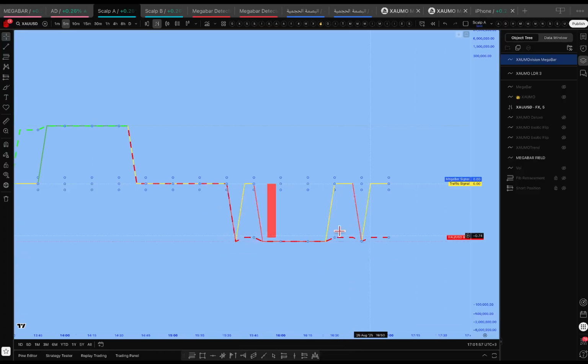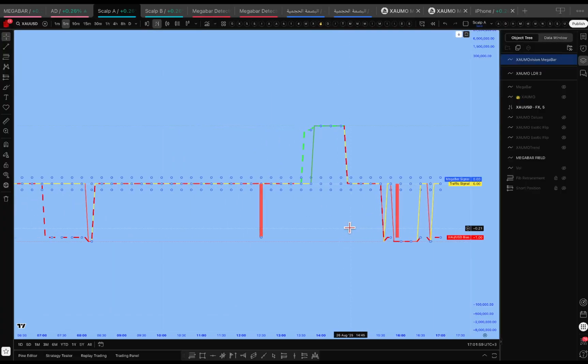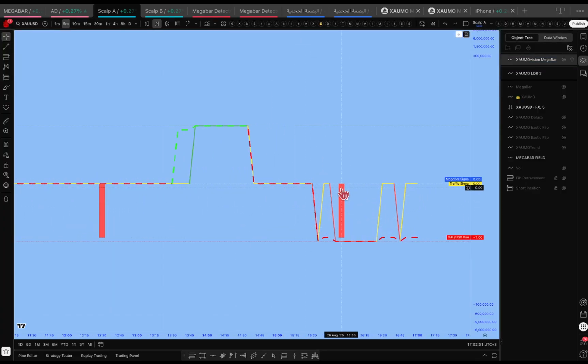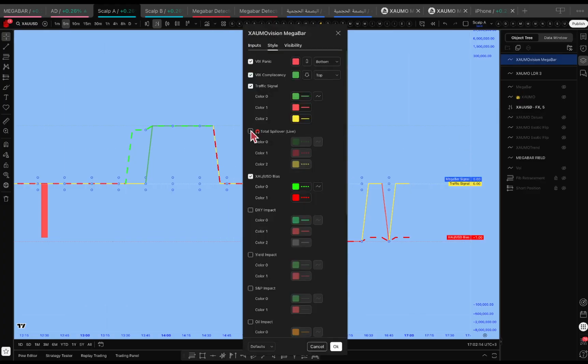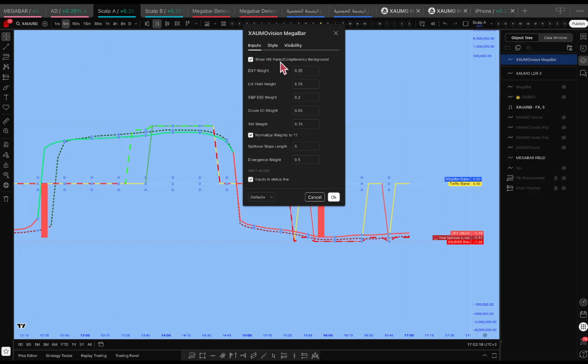If it's panicking, you will find it panicking. You can check here whether you have a bearish megabar. You see here, that's a bearish megabar, and it has different functions that you can use later, like total spillover, DXY impact. The inputs here are different than anything else.